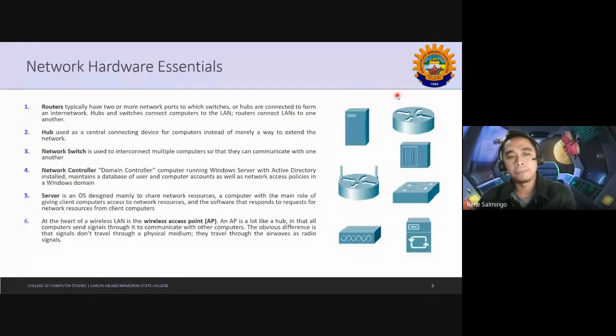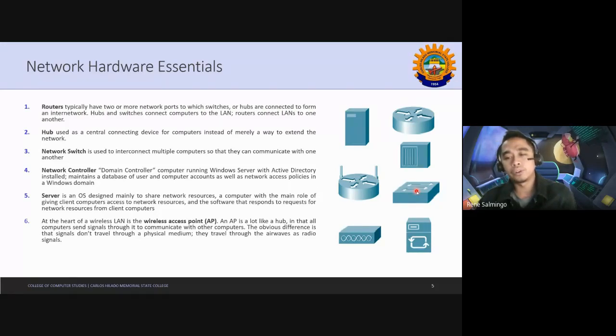And next, where is your hub? Number two, the hub is this one. It's like a central communicating device. And next, where is your switch? After the hub on the image, here is your switch. This provides you communication between computers.